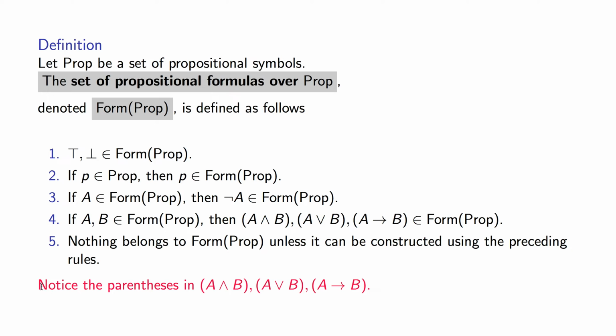And soon we will be proving a proposition about the set form of prop. For the purpose of this proof, please notice that formulas involving conjunction, disjunction, and implication involve parentheses. This is not the case for negation.